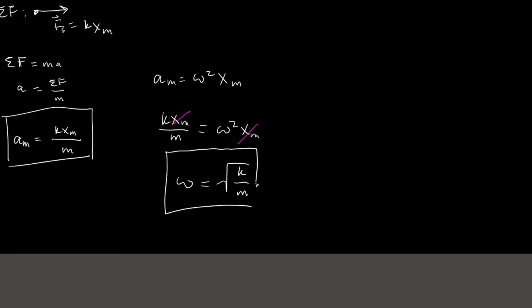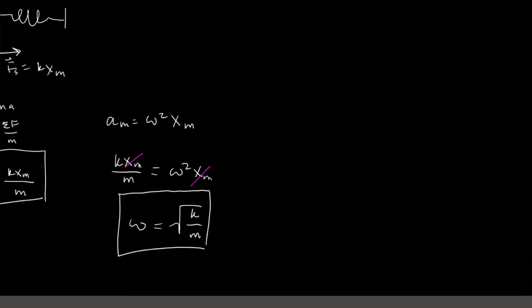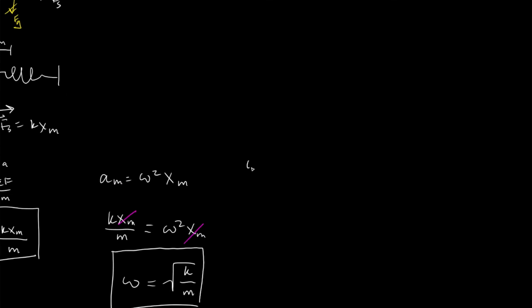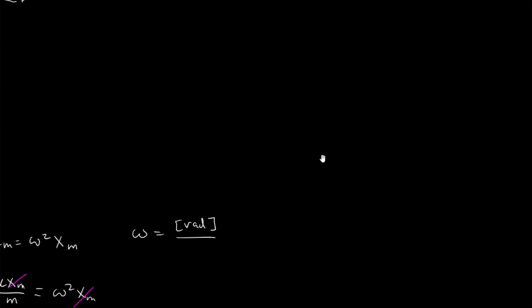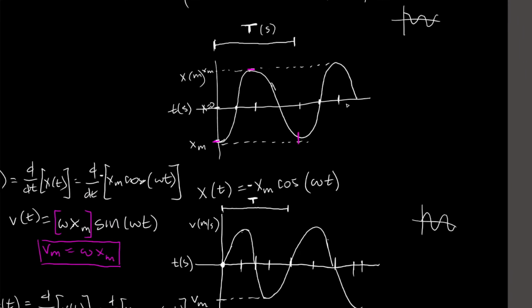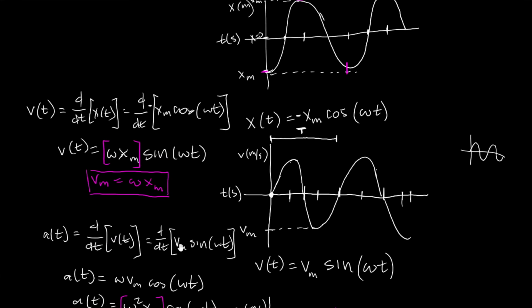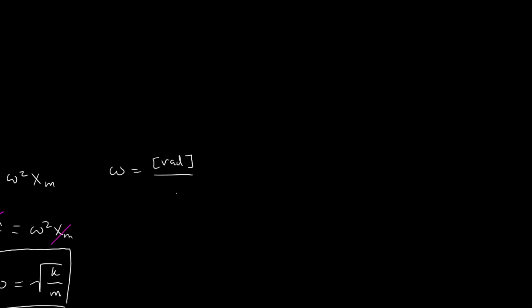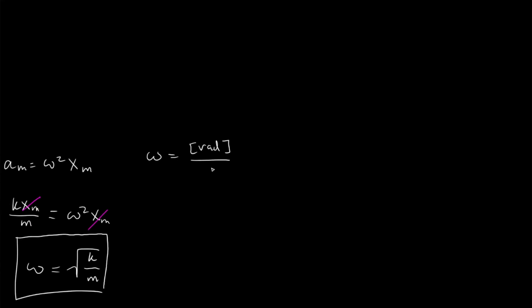How can we get our period, though, from this? This is only our angular frequency, which is different from our real frequency. So angular frequency is how many radians the box might cover every second.